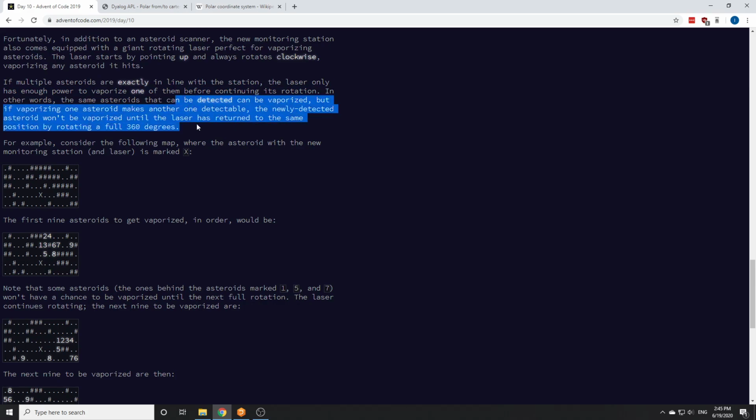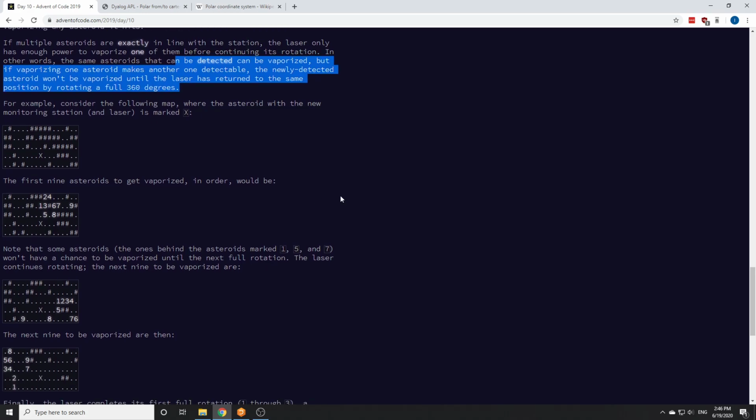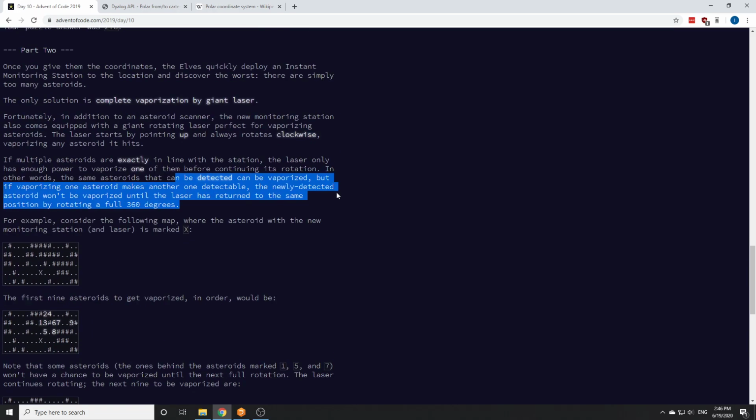That can be detected, can be vaporized, etc. But it won't be vaporized until the laser has returned to the same position by rotating a full 360 degrees. Okay. And this is important. So the laser starts by pointing up and always rotates clockwise.